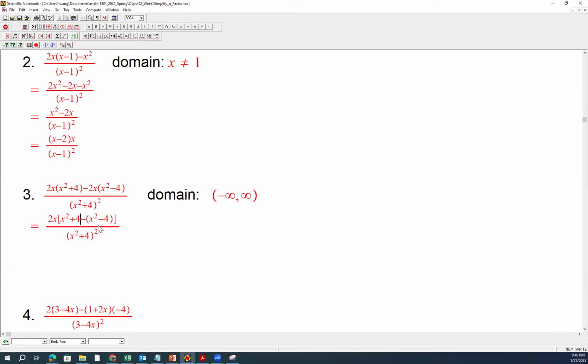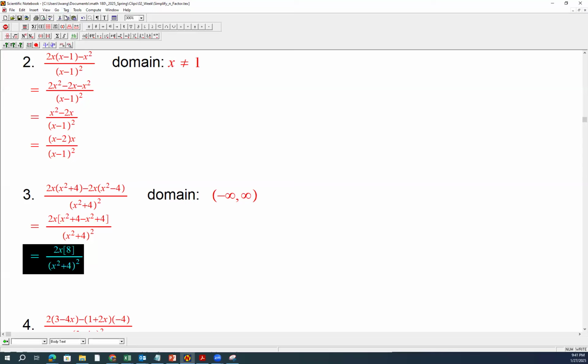When I remove the second bracket, I will get minus x squared plus 4, right? And of course you can do the distribution if you want to do it that way. That's fine too. And x squared minus x squared makes 0. So inside the bracket, we just have 8. So in the end, you get 16x.